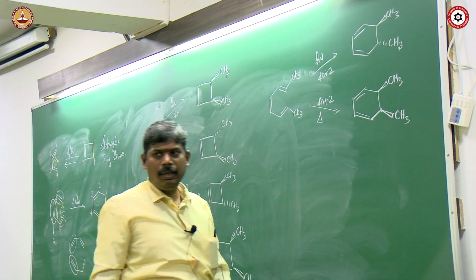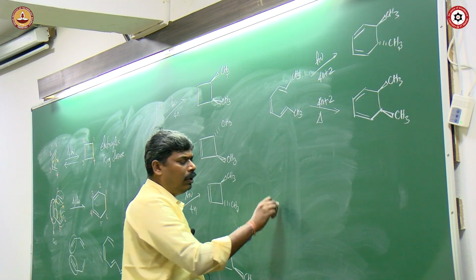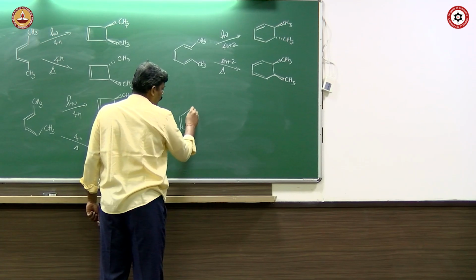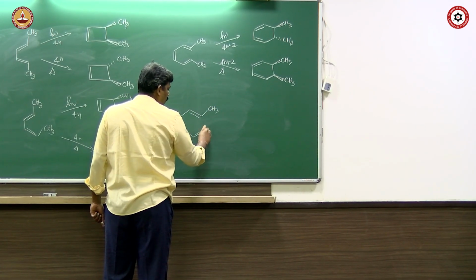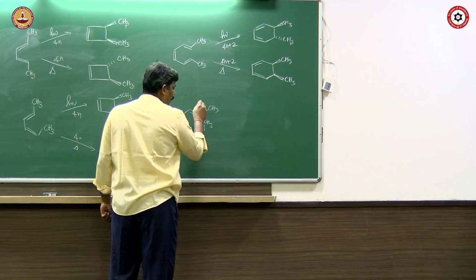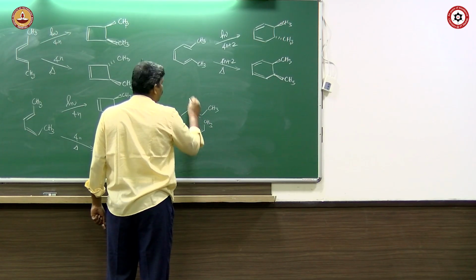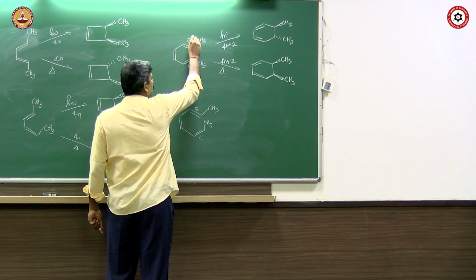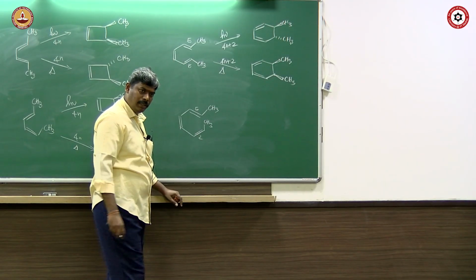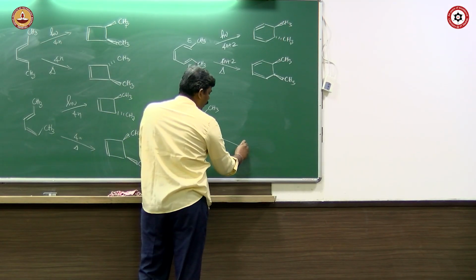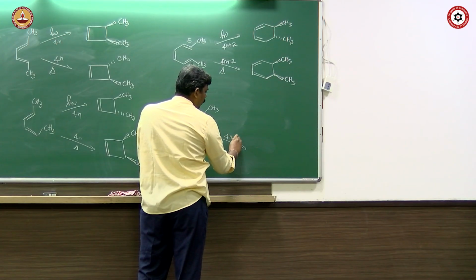The same applies to the system if you change one of the stereochemistry of an alkene. Here it is E and here it is Z, you have both an E here, right? Once again, you would have a very different product formation here.